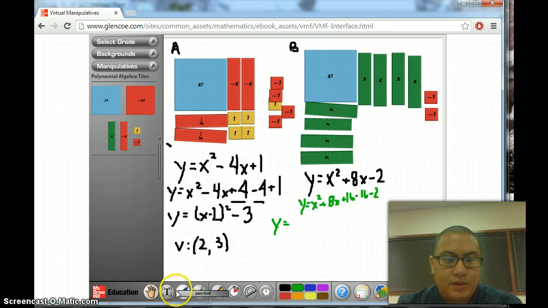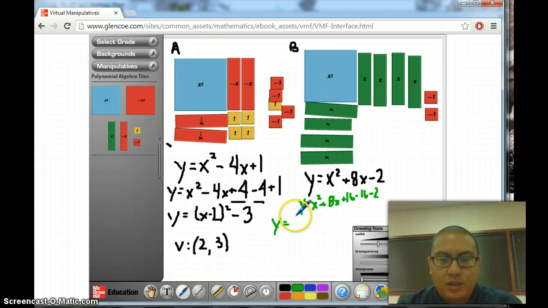So I have x plus 4, and what shape is it going to be? A square, so x plus 4 squared, and that's going to cover up this part, x squared plus 8x plus 16. That's x plus 4 squared.